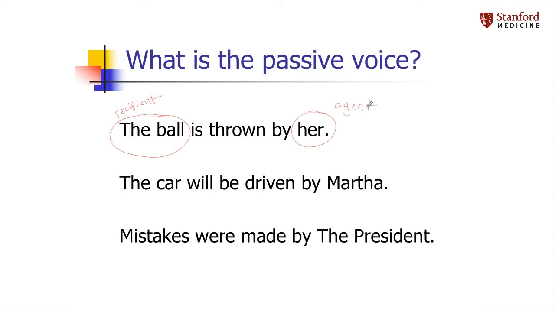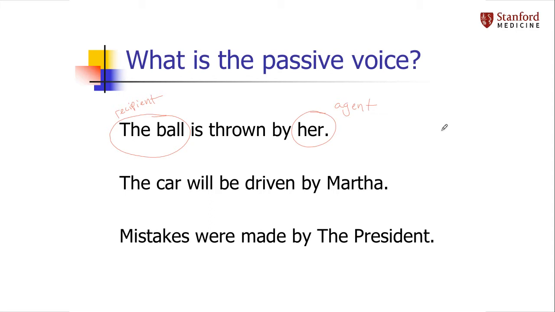So instead of "she throws the ball," you get "the ball is thrown by her," or instead of "Martha will drive the car," you get "the car will be driven by Martha." You can see how the passive voice is awkward and difficult to read. It's not the way we talk.